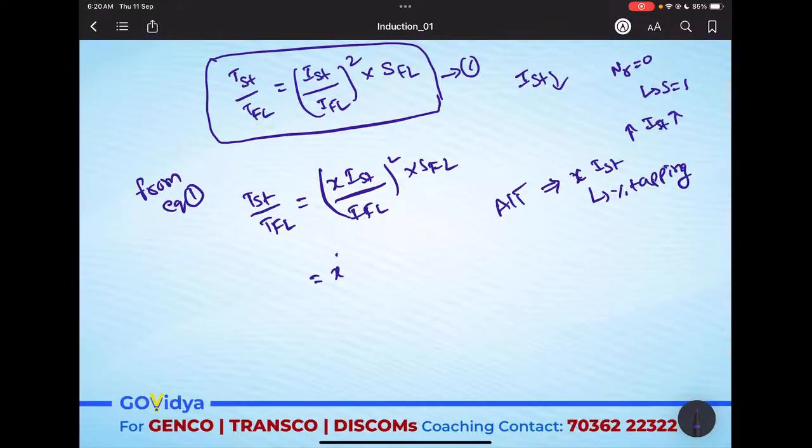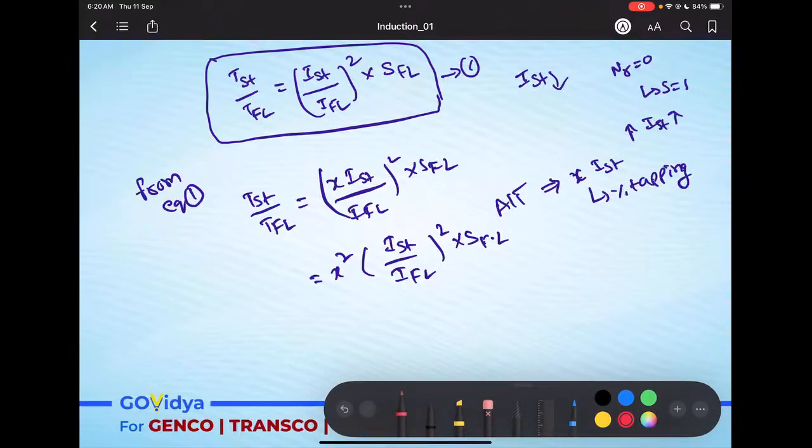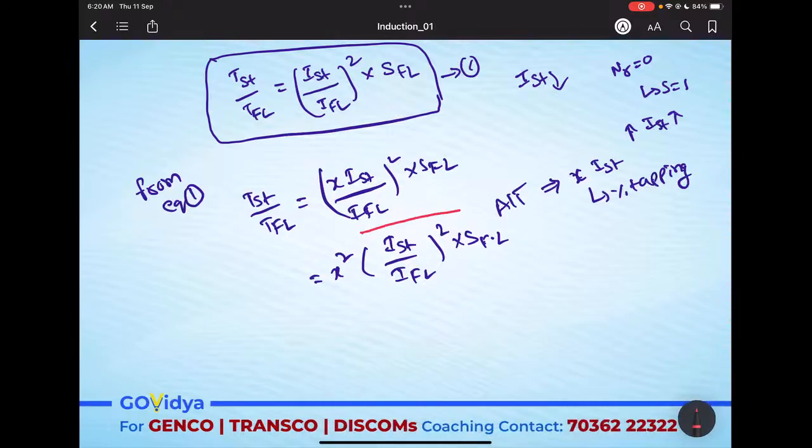This can be written as x square into I starting divided by IFL whole square into SFL. This whole term can be written as x square into T starting divided by T full load at the rate DOL.